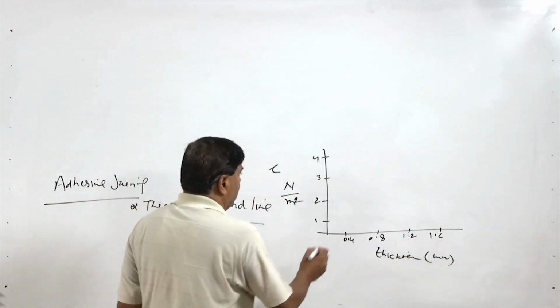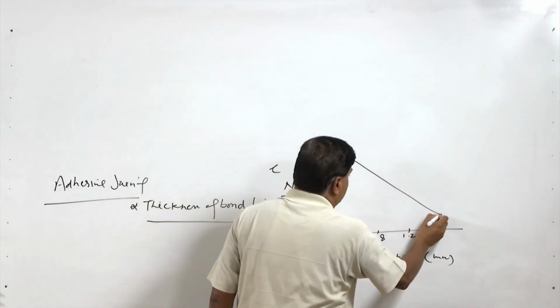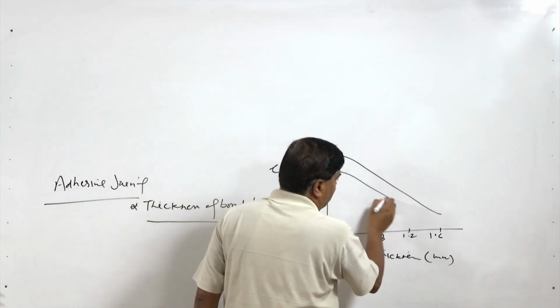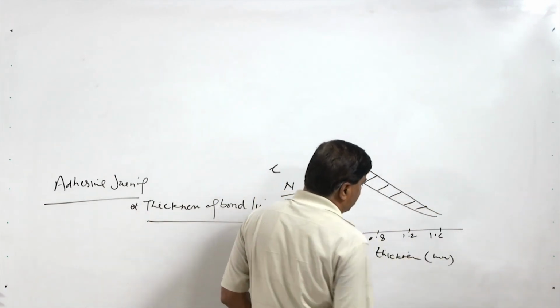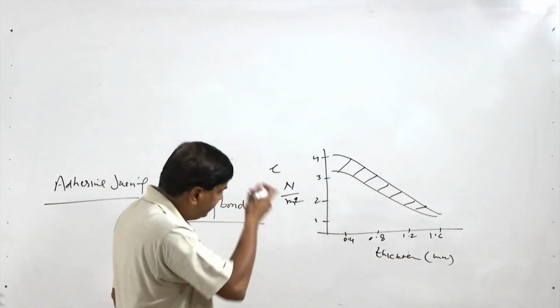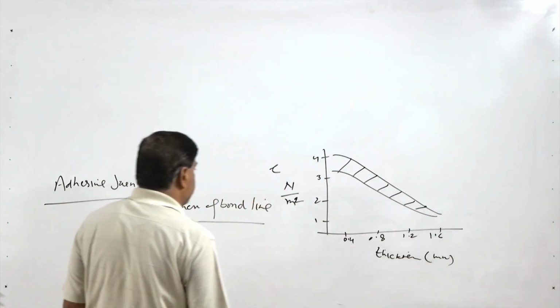What we will see is that in general strength is maximum when the thickness of the bond line is less. So, in general, increase in thickness decreases the shear strength, the load carrying capacity of the weld joints.